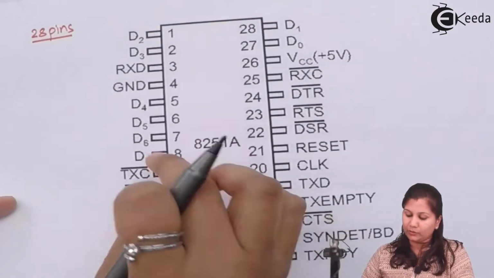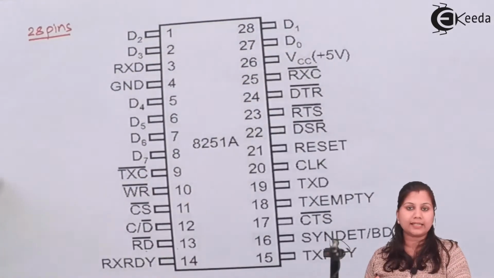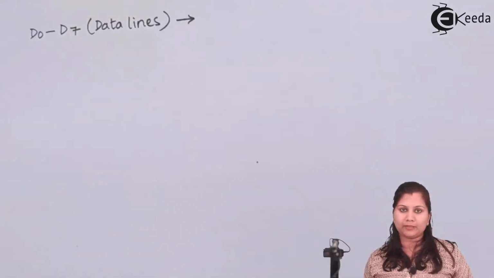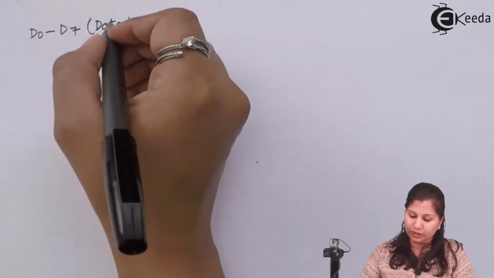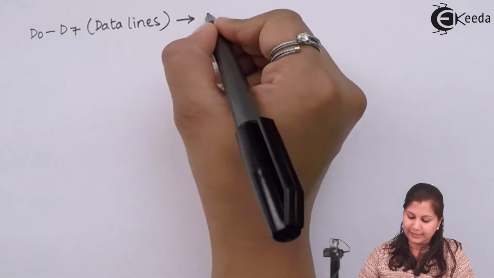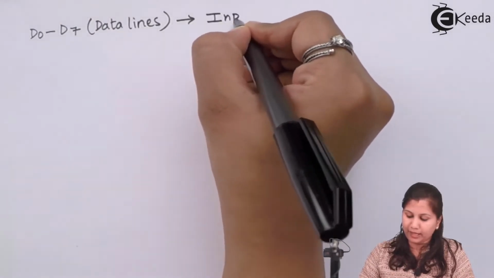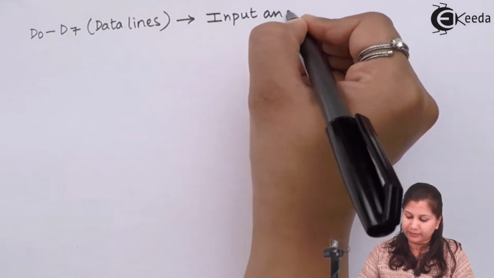Now these pins can act as input pins and output pins also. That means that data can be received and can be transmitted. So we can say that the data lines are both input and output terminals.